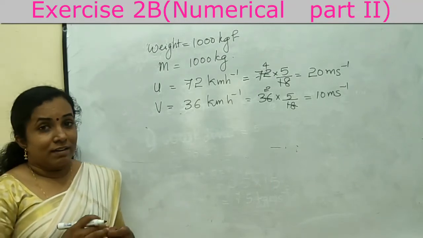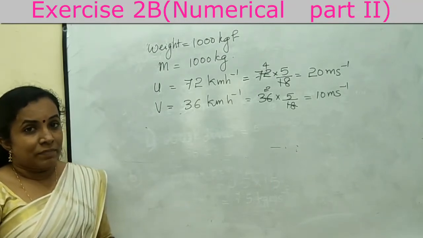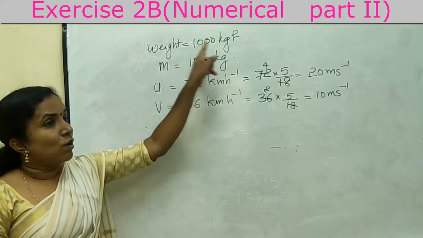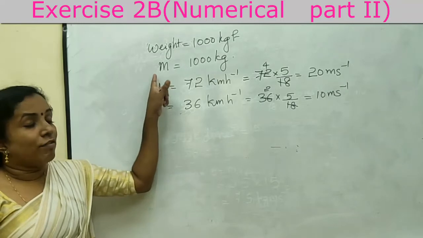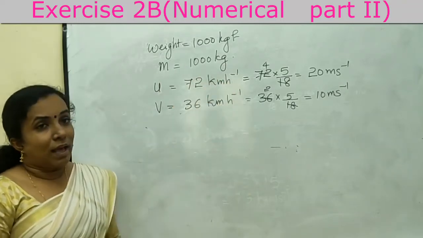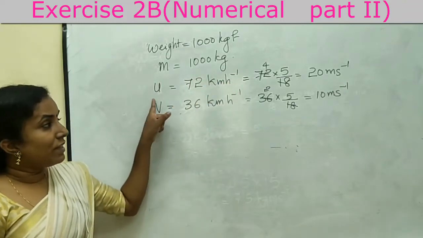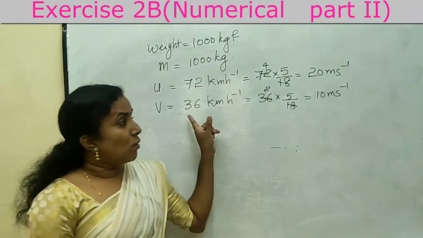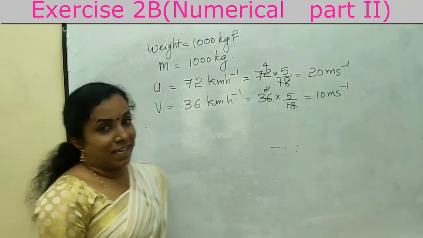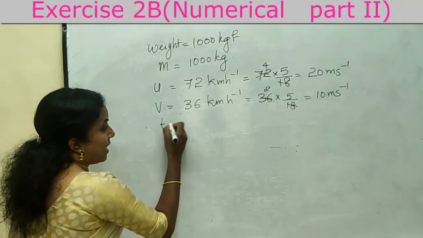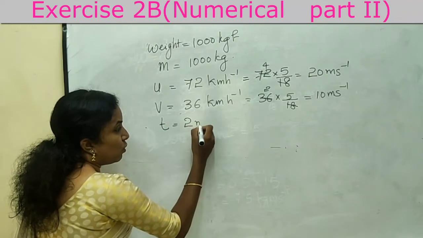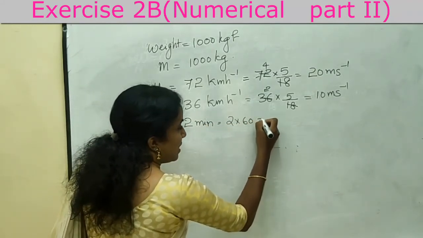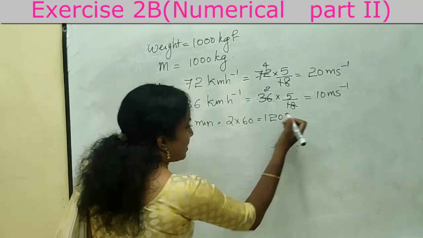Now we can read the question as a truck weighing 1000 kilogram force, or a truck of mass 1000 kilogram, was moving with an initial velocity 20 meter per second, slows down to 10 meter per second by taking a time interval of 2 minutes. That is 2 into 60, it is 120 seconds.